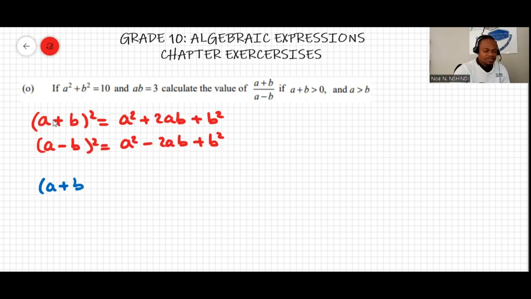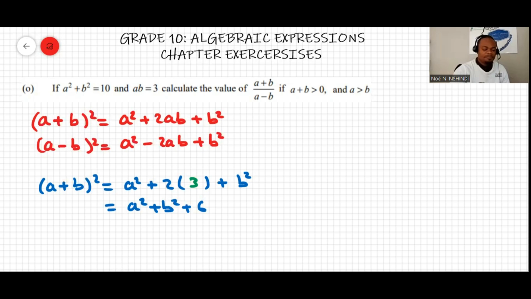a plus b squared will be equal to a squared plus 2ab. ab is given to be equal to 3. I'll substitute ab there by 3. Okay, this will be equal to a squared plus b squared, plus 6.